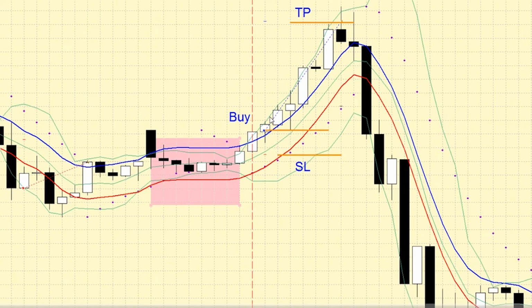We set the take profit at a distance of 900 for 5-digit brokers such as Alpari.